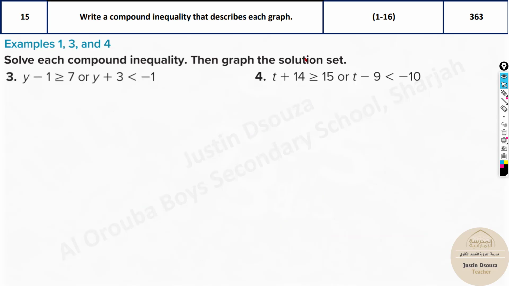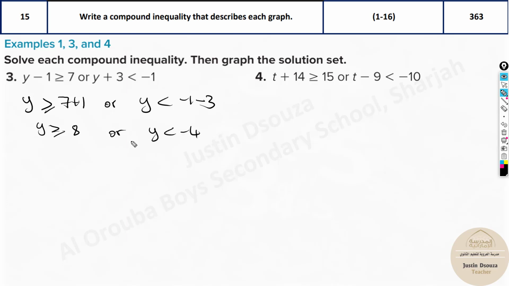Now let's go to the OR problems. Same thing, just solve them quickly, like how you are doing it. Y will be greater than or equal to 7 plus 1, or here y will be less than minus 1 minus 3. So y is greater than or equal to 8, or y is less than minus 4. Now look here.